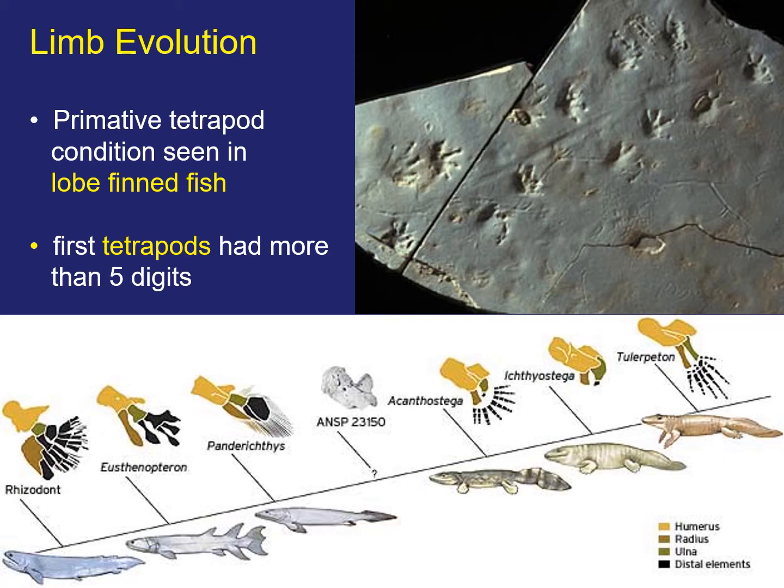Down the bottom there, we're seeing this trend that occurred in the development of the limbs of amphibians. So we can see this pattern of bones that developed in the lobe-finned fish and ultimately gave rise to what we see in the first amphibians, and then what we see in living tetrapods today.